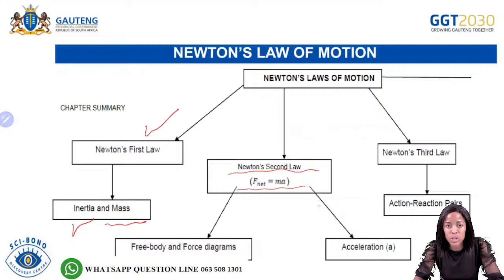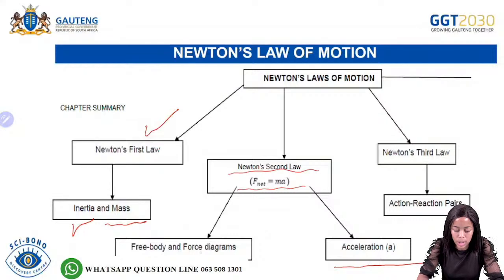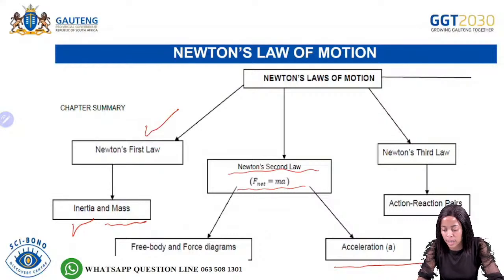And as part of Newton's first law, we also focused on the acceleration. And for Newton's second law, we are going to be focusing on the free body and the force diagrams.